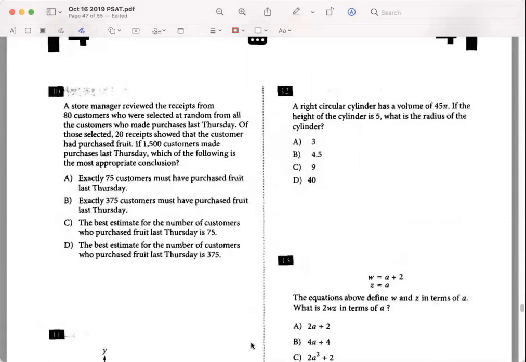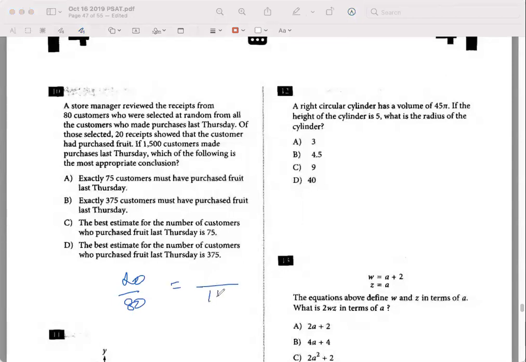A store manager reviewed the receipts from 80 customers who were selected at random from all the customers who made purchases last Thursday. Of those selected, 20 receipts showed that the customer had purchased fruit. If 1,500 customers made purchases last Thursday, which of the following is the most appropriate conclusion? So 20 out of 80 purchased fruit.